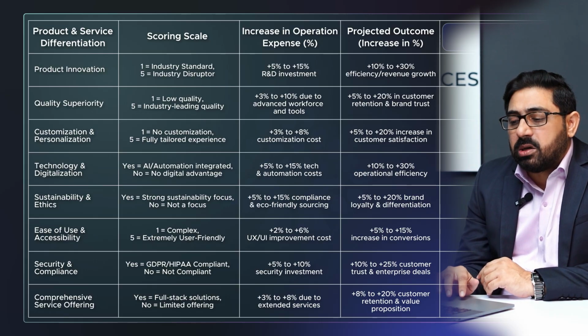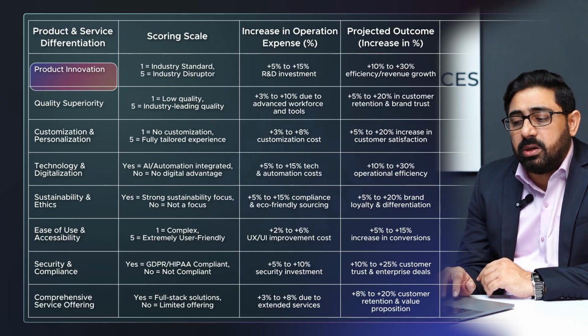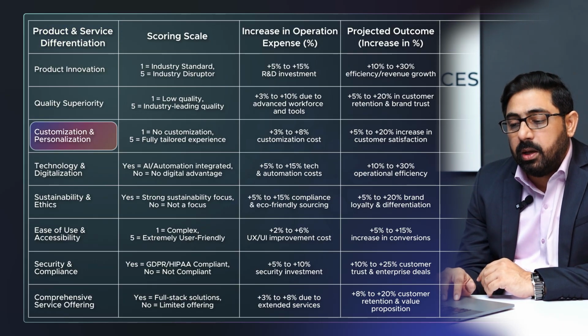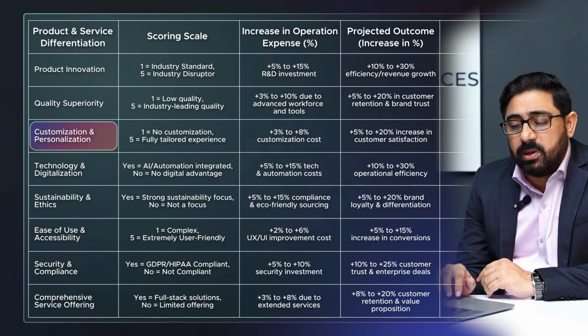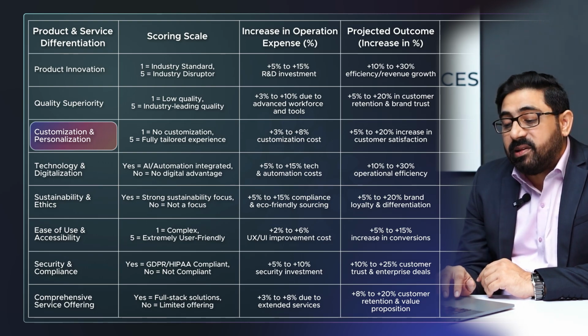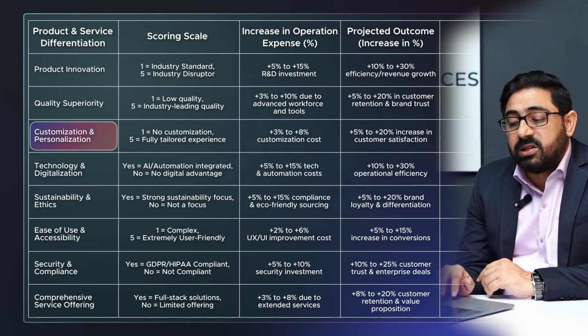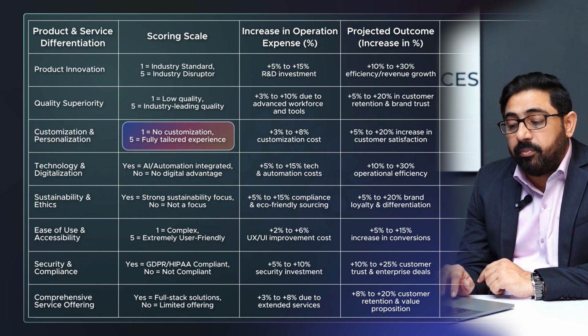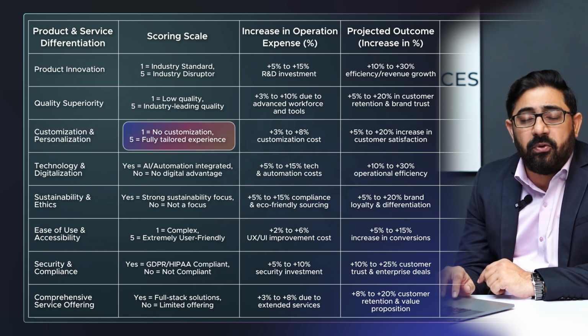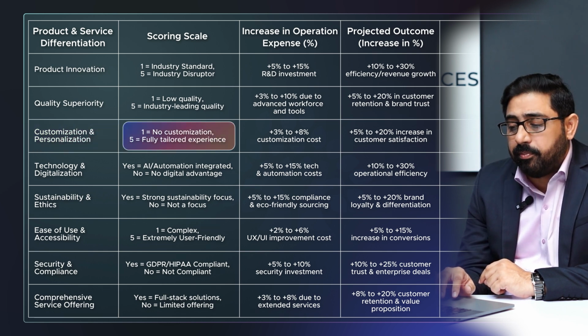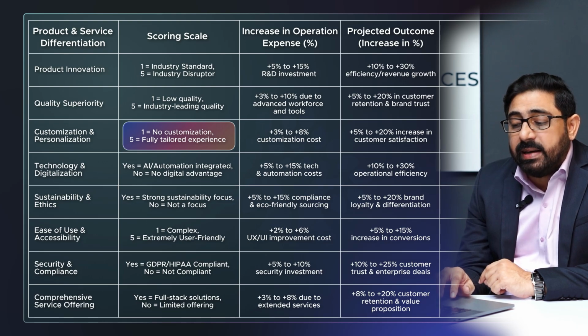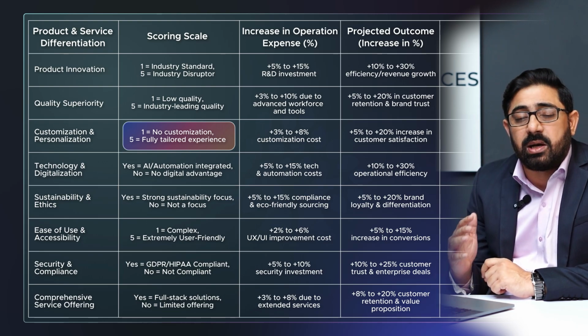For instance, we talked about customization and personalization. This is under product and service differentiation. So we say that if we are staying at level 1, it means we are not offering any type of customization. But if we are hitting 5, it says a fully tailored experience for the customer.